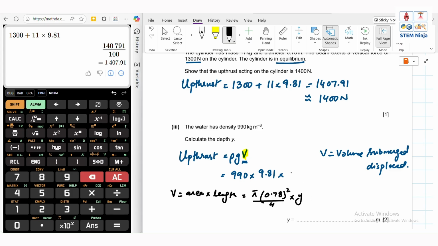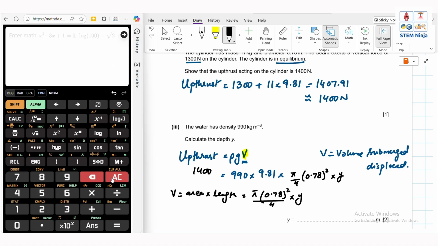So 1400 is equal to pi by 4 times 0.78 whole squared times y. We just need to find y now.